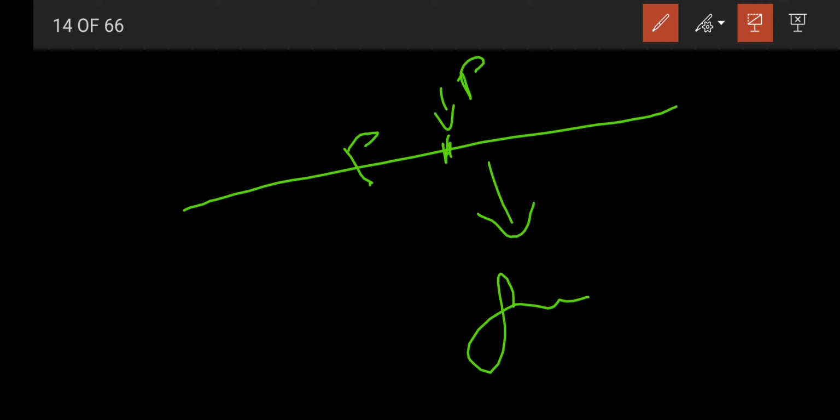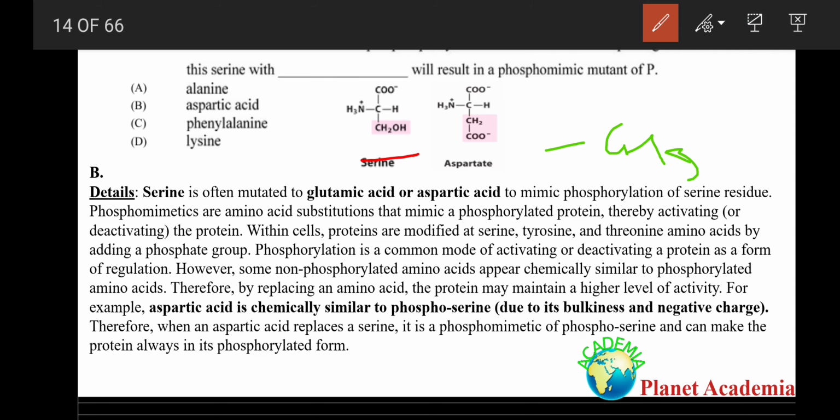Okay, and if we mutate this one to some other amino acid, it will mimic phosphorylated serine, so it will be always functional. Okay, right. Now if we see the aspartic acid, see this is the structure of aspartic acid.